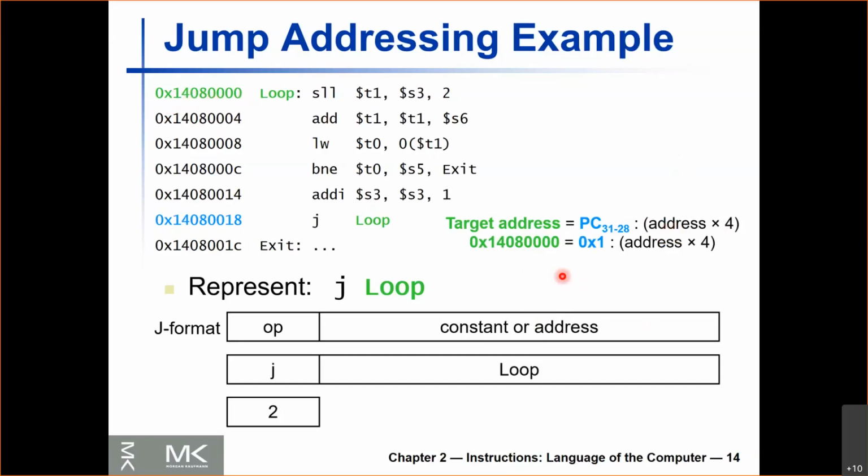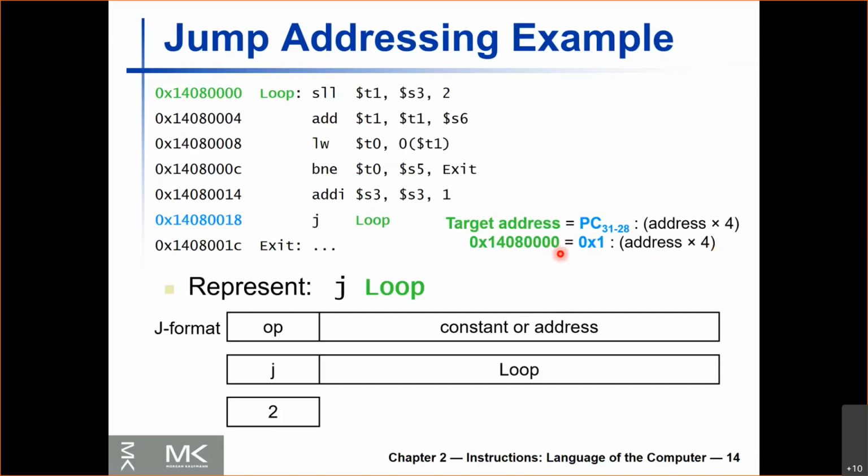What that means is that this value in green here, 1408000, again, I'm using hexadecimal, needs to be equal to the top 4 bits of the PC concatenated with the address times 4. What are the most significant 4 bits of the PC? Well, every hexadecimal digit is 4 bits, right? So this 1 digit over here is going to be the top 4 bits. So I remove the 1 from here and the 1 from here, which means address times 4 needs to be 408000 in hexadecimal.